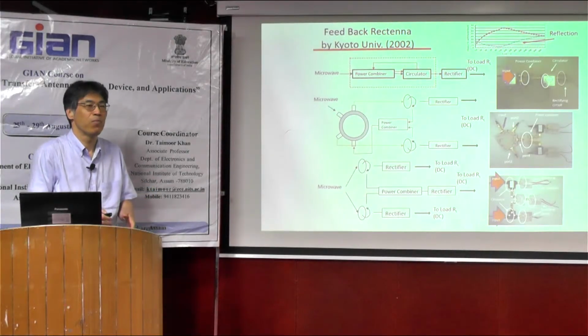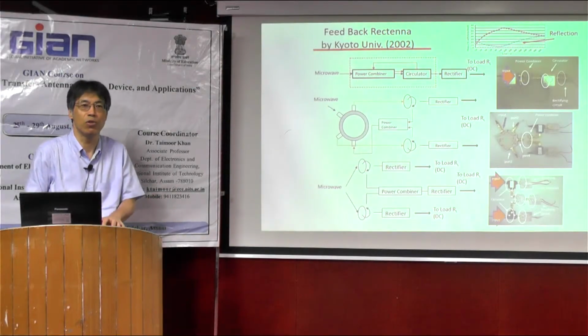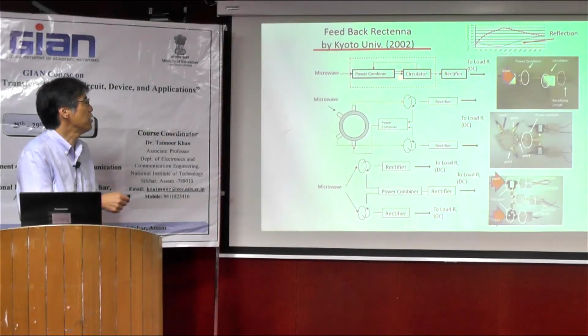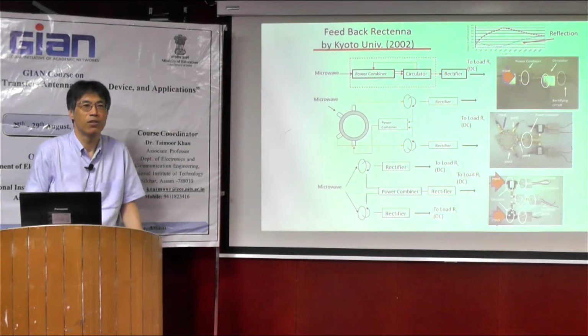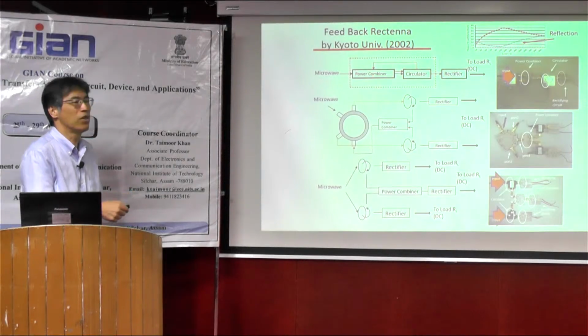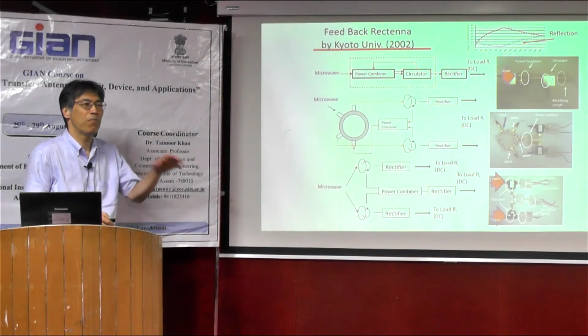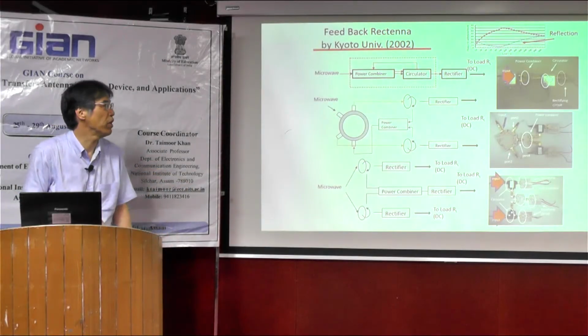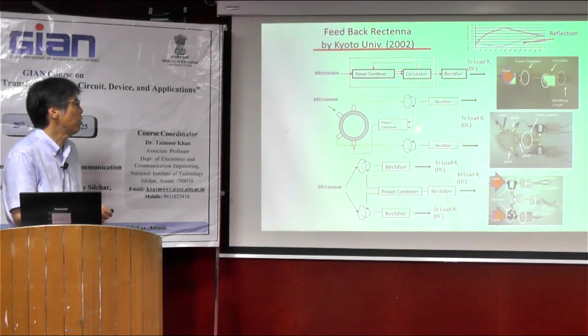So we cannot match the circuit impedance in this power combiner, input 1 and input 2. And the reflected wave is very weak compared to the input wave. So it's not the best, because it is not a good power combiner for the high power input and the low power reflected wave. So we changed our mind to use the reflected wave only.